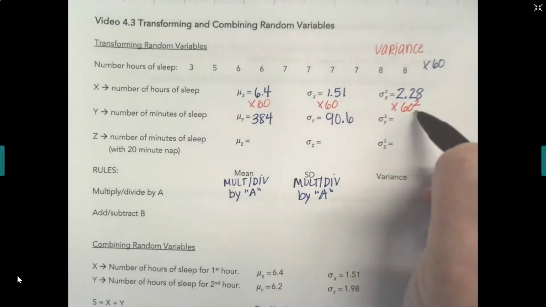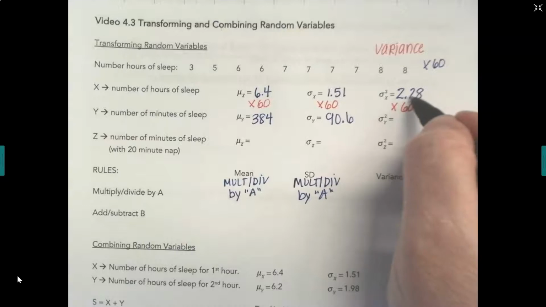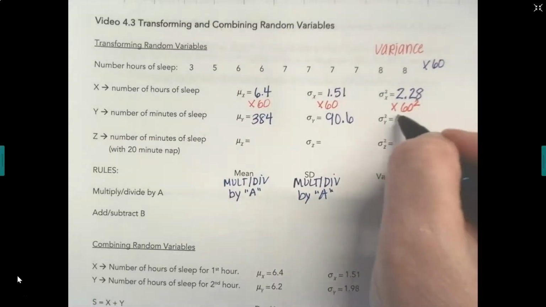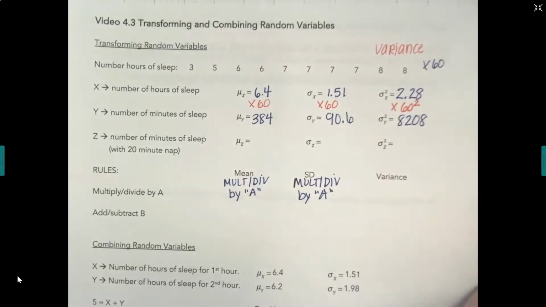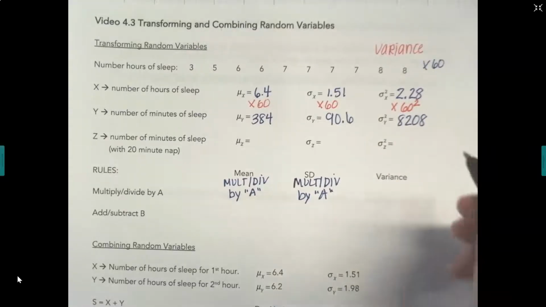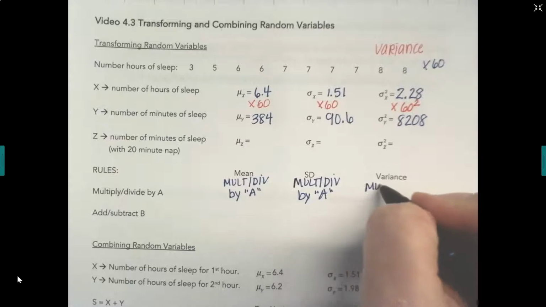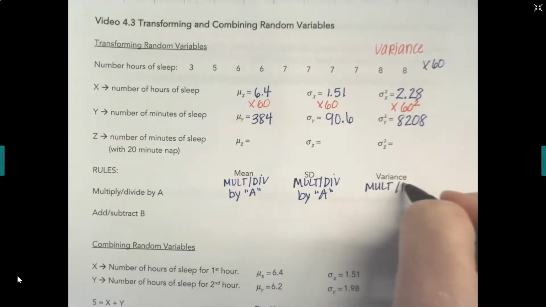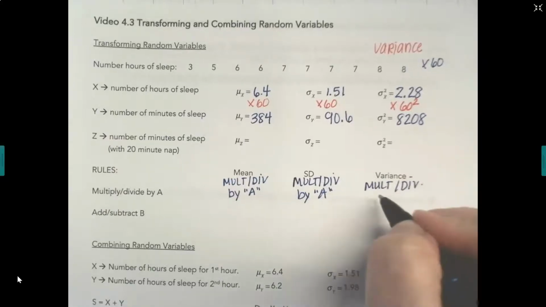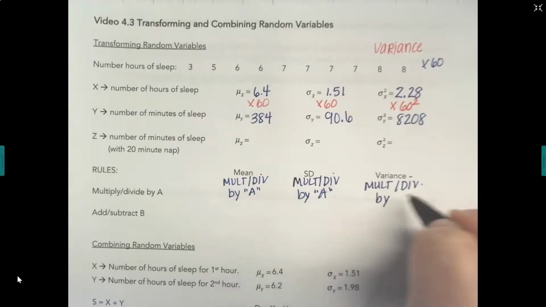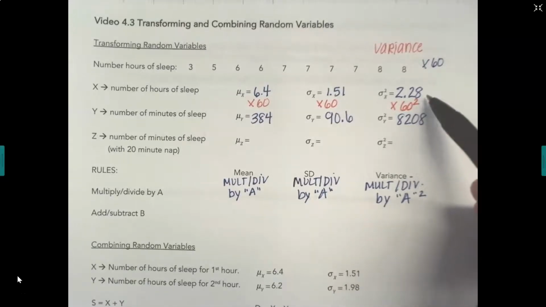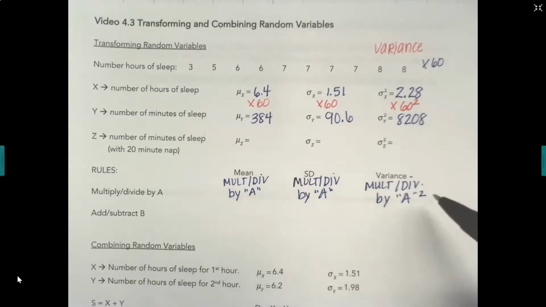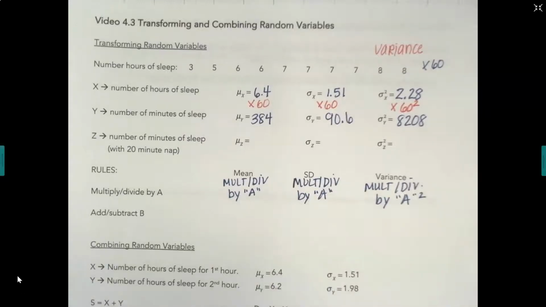So I'll have to use 60 squared here because the 2.28 is a squared number, and that gives me 8,208 for my variance. So we multiply or divide the variance by whatever we were multiplying by, but it has to be squared so it matches the units of what we had already done.